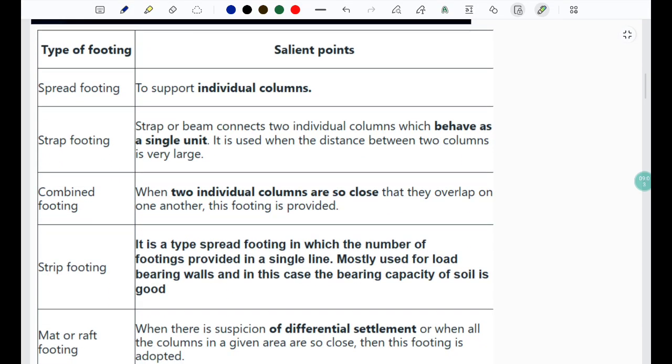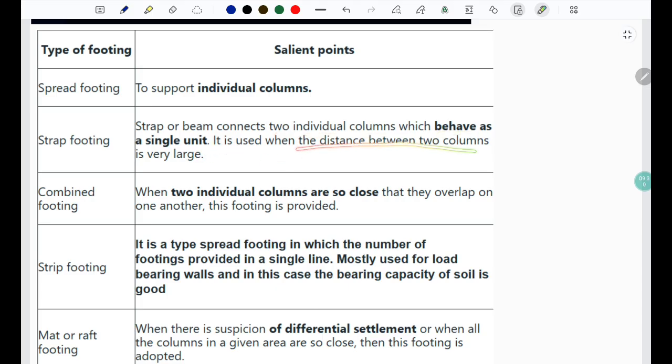Now we have a short summary of each footing, its definition. If you have spread footing, which is like this, then it is done to support individual columns. If we have strap footing, where a strap beam is given to join the two, it connects two individual columns which behave as a single unit.